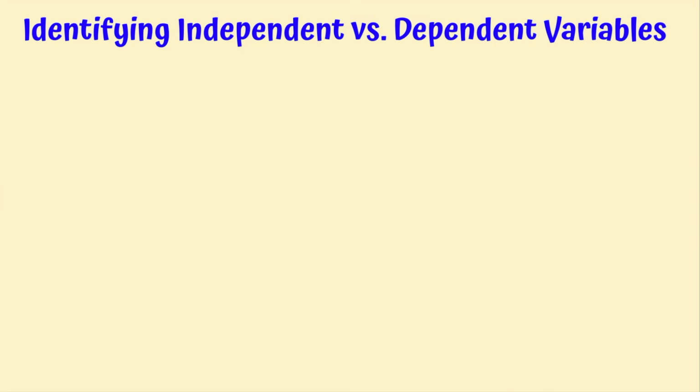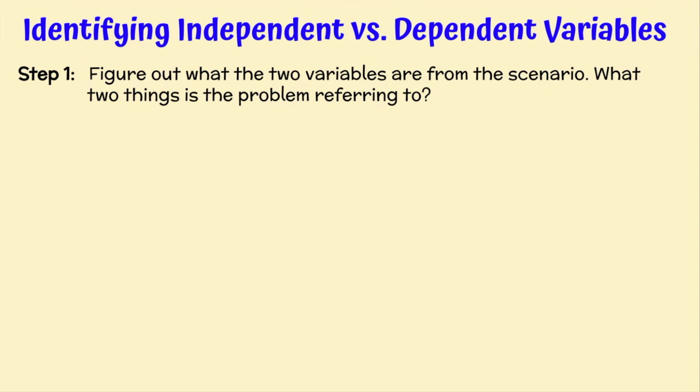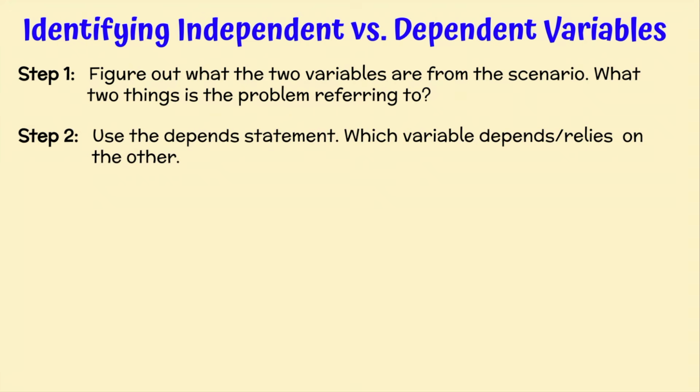Next, we have to learn how to identify an independent and a dependent variable. There are some steps we can follow. Step 1, when you read a scenario, you should figure out what the two variables are. In other words, you need to figure out what two things this problem is referring to. Next, once you figure out the two variables, you can use the depends statement.